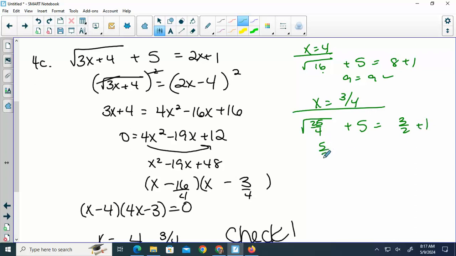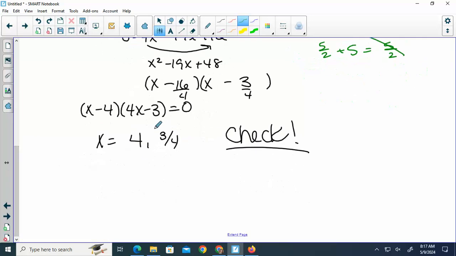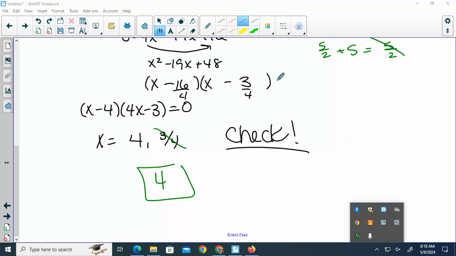So 5/2 plus 5 equals 5/2, and is that going to work? No. So that one did not check, so we throw out that answer. So 4 is the only option. Are there any others on problem 4 we need to look at?